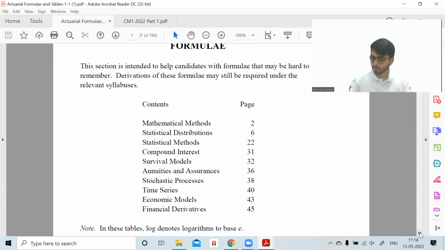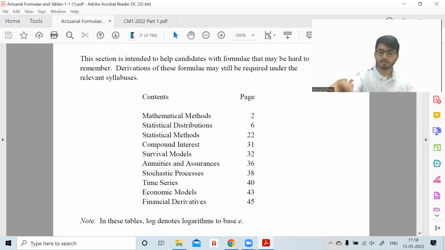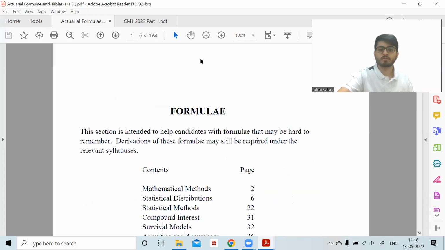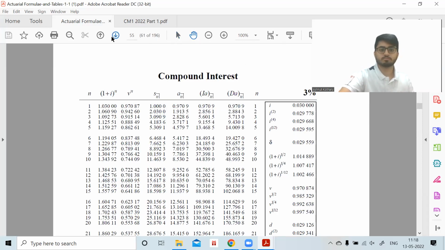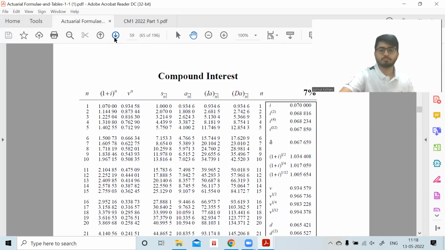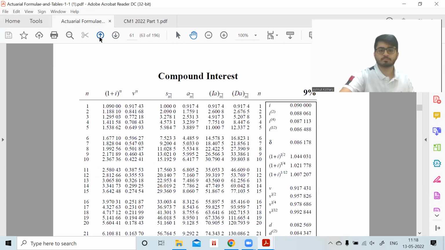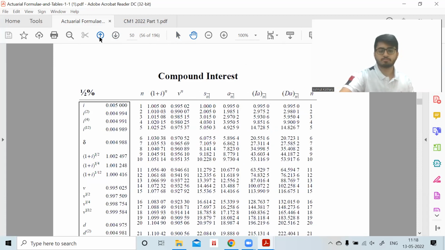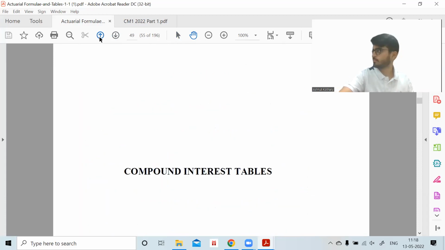And then beyond page 45, let me just go through and show you all the sections. So this is the compound interest table section.